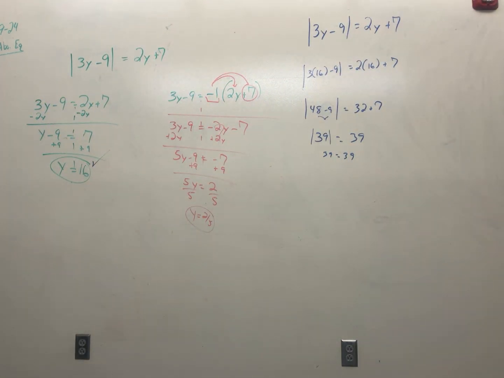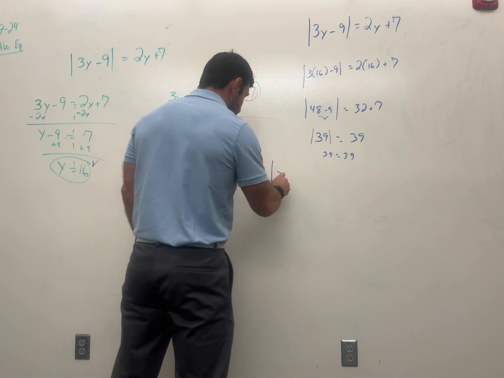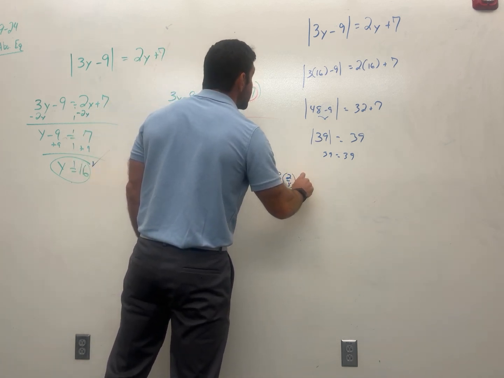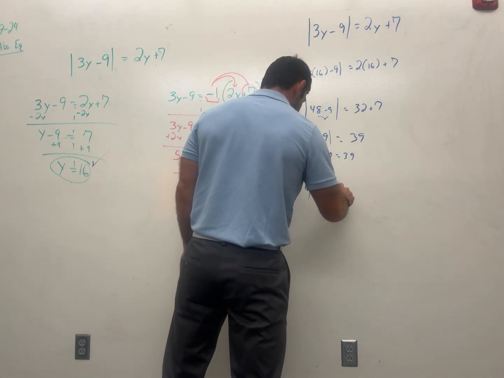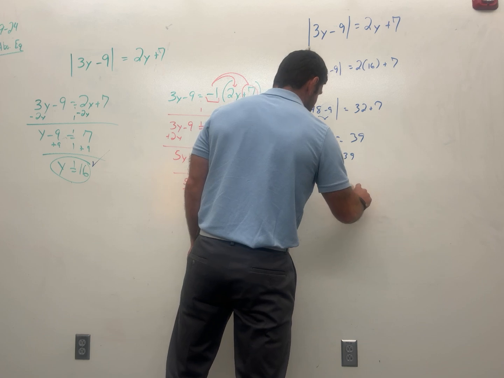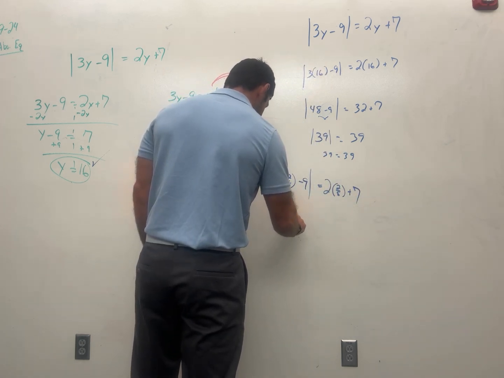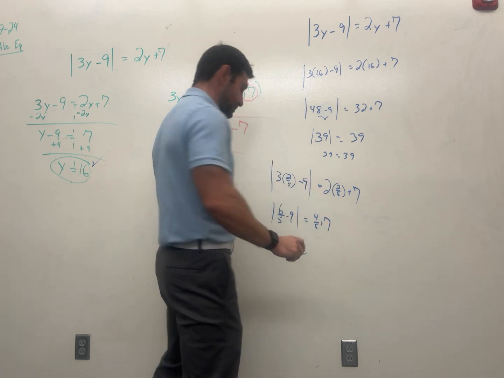Did I lose anybody? But we have to do it one more time. So now I'm going to say 3 times 2 fifths minus 9 equals 2 times 2 fifths plus 7. So that gives me 6 fifths minus 9 equals 4 fifths plus 7.